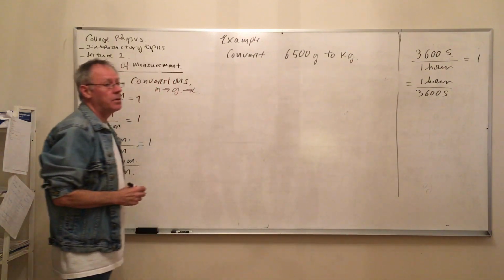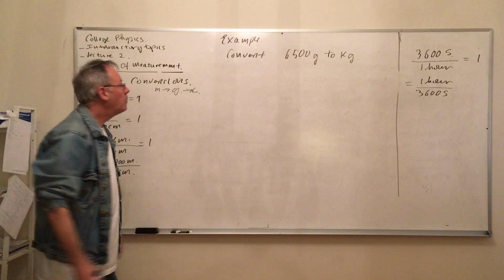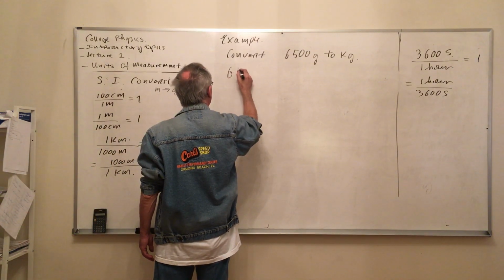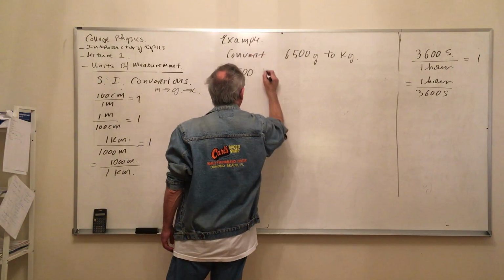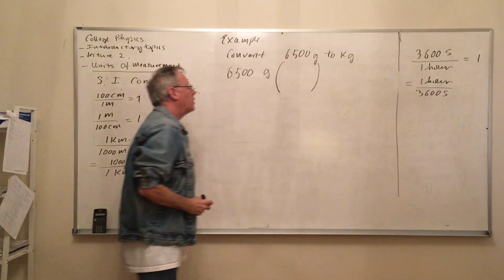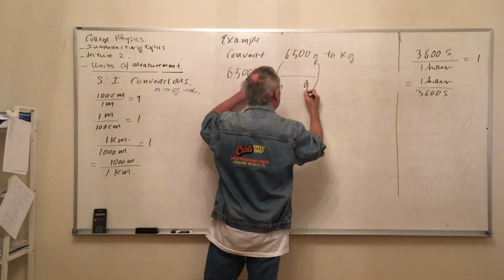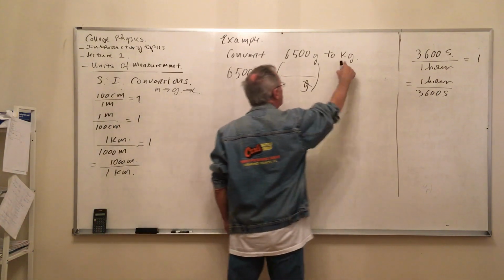Convert 6,500 grams to kilograms. Well, you know in your head it's going to be 6.5 kilograms, but we'll just go through the process because more complicated problems can come along. We select the suitable unit factor. We need one to cancel out the grams. We need to end up with the kilograms.